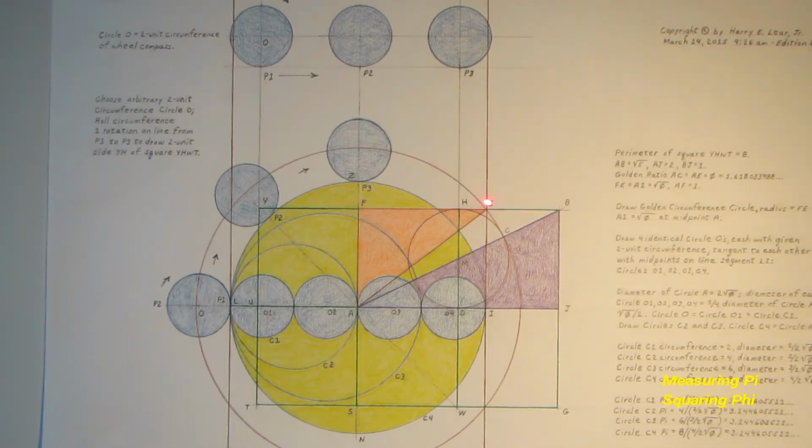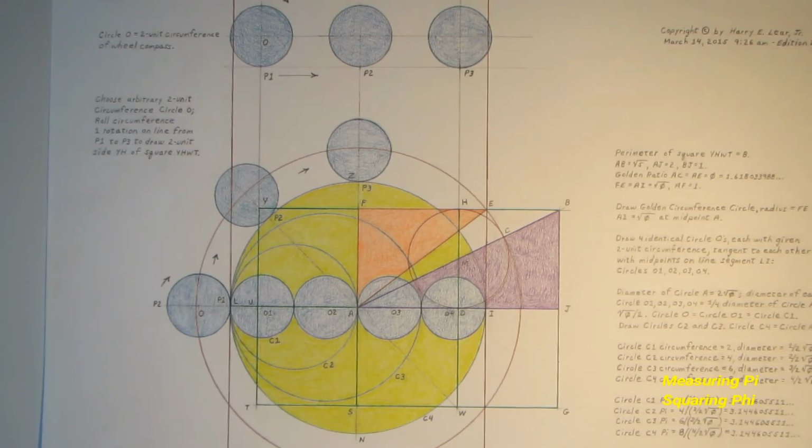Dropping FE, which is the square root of phi, down to the diameter of what is going to be this large yellow circle, we see that this distance from A to I is the same as the distance from F to E, which is Kepler's square root of phi.